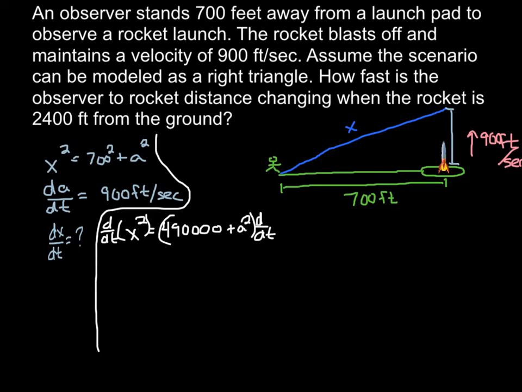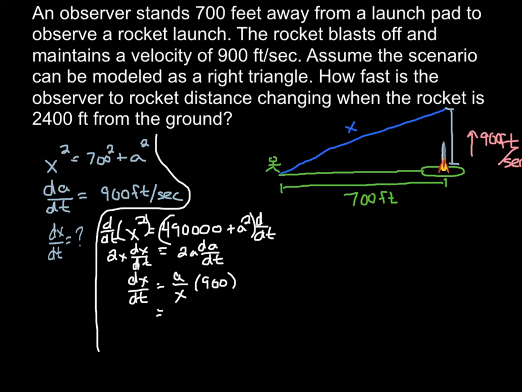The derivative of x squared with respect to t is 2x dx/dt using implicit differentiation. The derivative of 490,000 is 0. And we have 2a dA/dt. So solving for dx/dt, we get a over x times dA/dt, which is 900 feet per second.